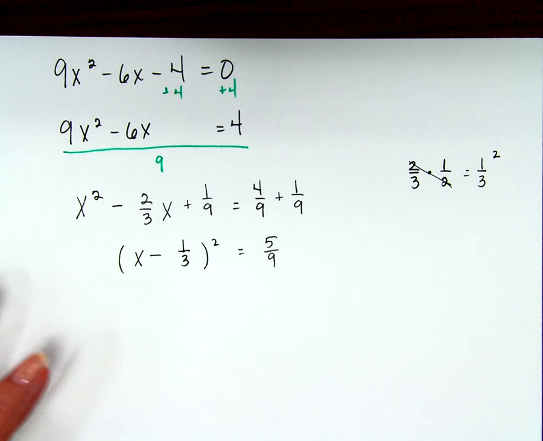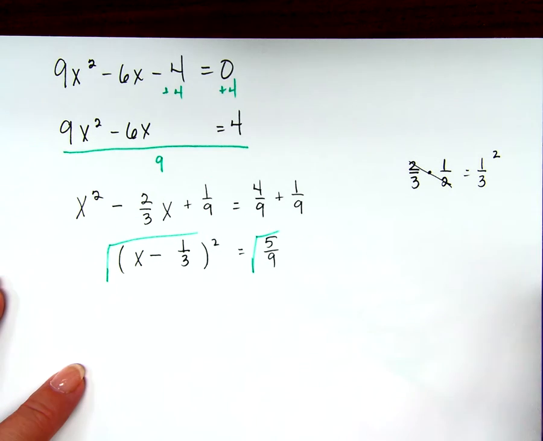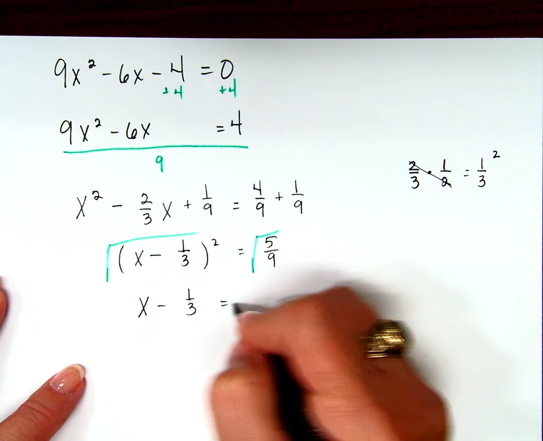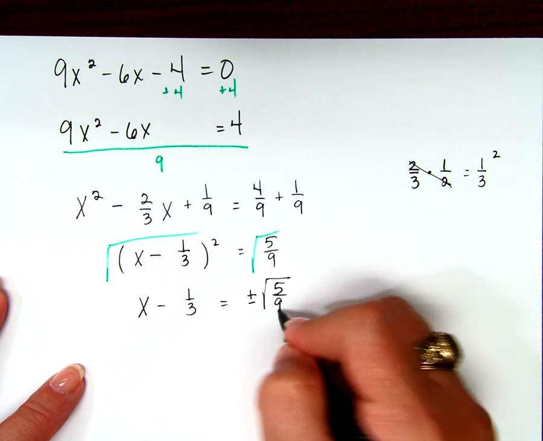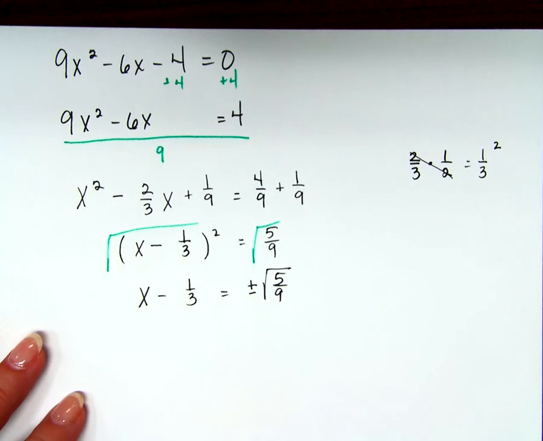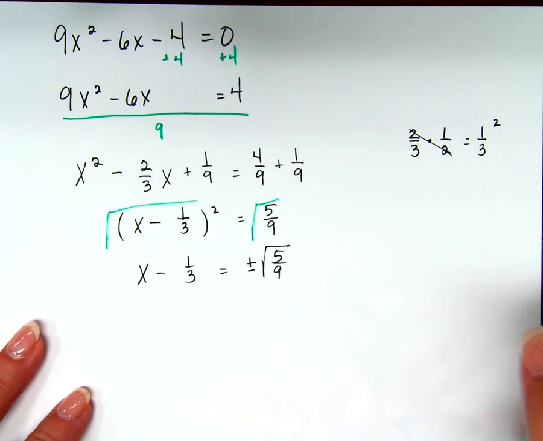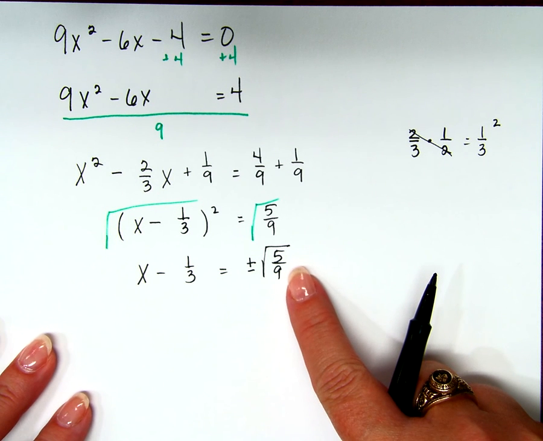Again, now we're just to the square root property, aren't we? Square root both sides, here and here. X minus 1/3 equals plus or minus the square root of 5/9. But I'll tell you this right now, the computer is not going to like 5/9 like this.